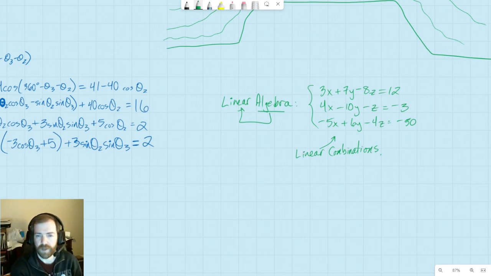So the linear combinations in this case can tell you all sorts of stuff about whatever it is that you're working on. The standard ones that we usually talk about are stuff like adults and kids tickets are sold to a movie.